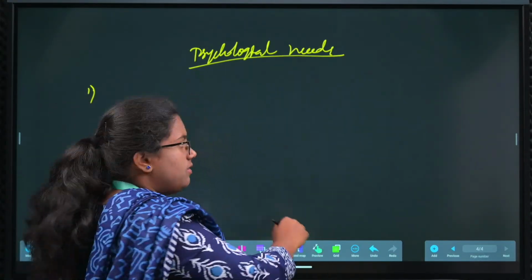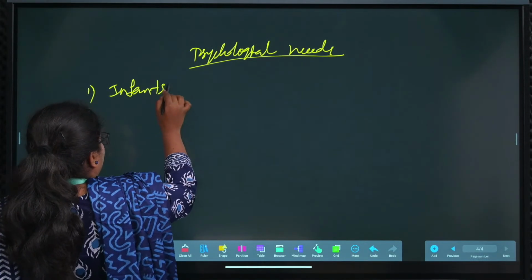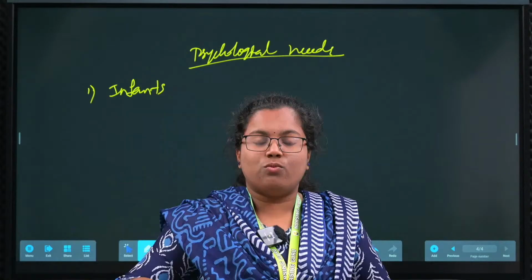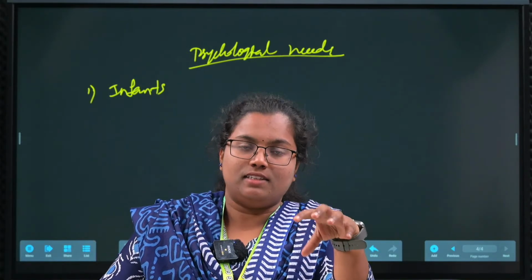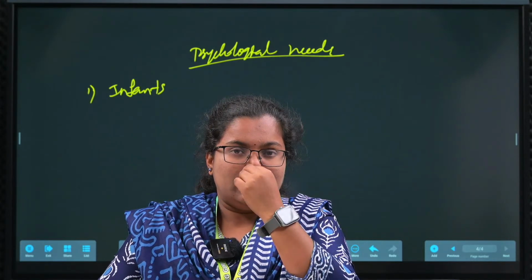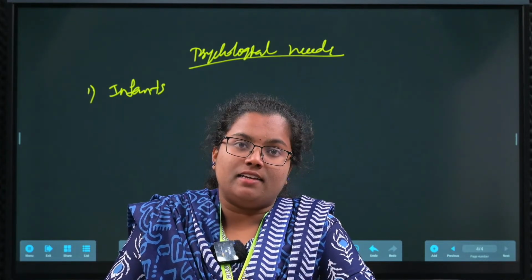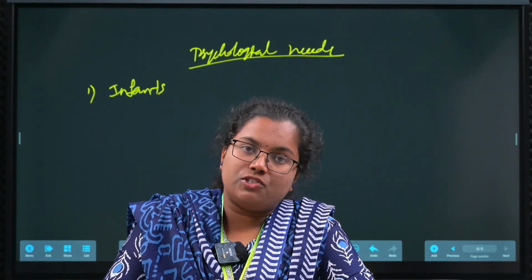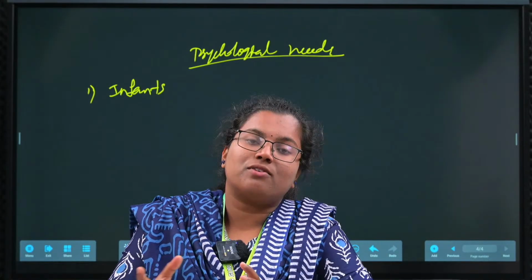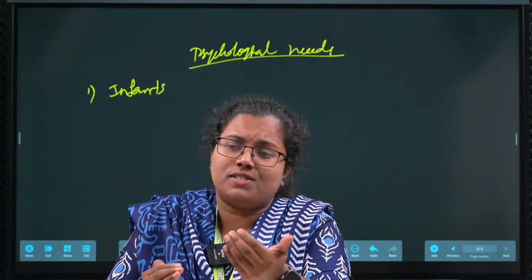Infants. What is it that they are expecting, what are the psychological needs of infants? They need love, affection, understanding, warmth, protection. They are expecting physical contact from their parents, and they always want to stay with their parents.